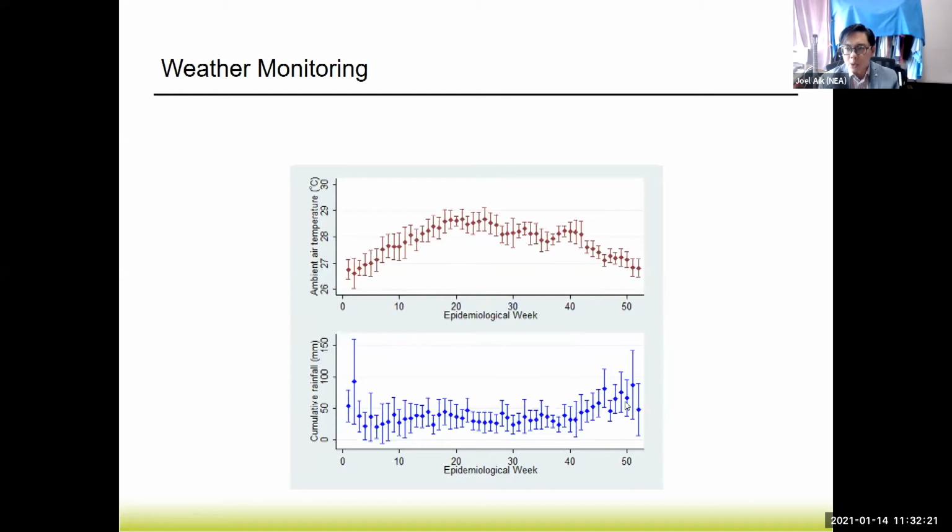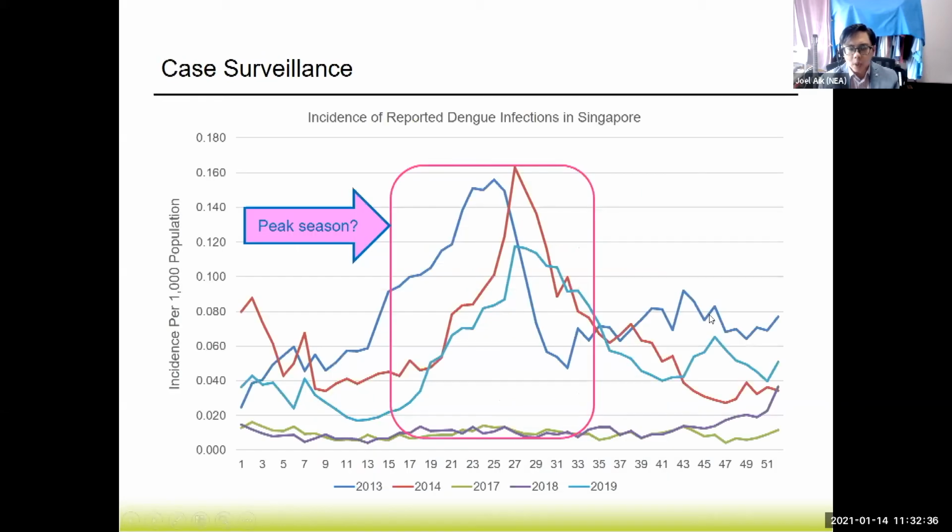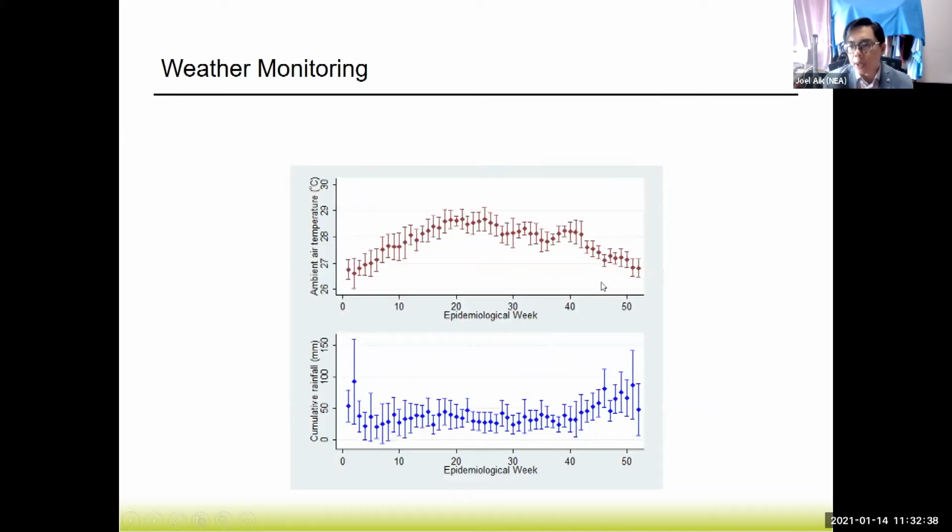Yep, there's no obvious relationship over there. So how do you explain the relationship between temperature and cases in the middle of the year? What is the mechanism through which temperature influences dengue infections? Anyone?